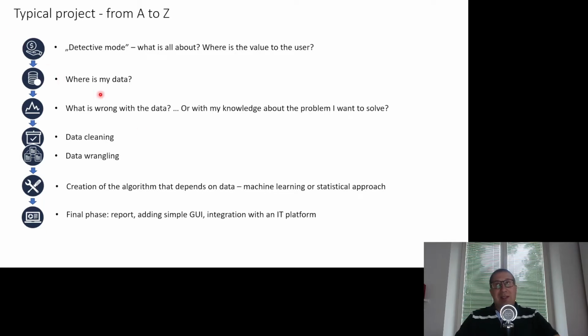Because if we skip some issues related to data quality in the first steps, then we will see that the accuracy of our model, maybe in some process states, is not enough, and we will have to get back to previous steps. And this is always related with some cost, with some time. So definitely it's better to do it as soon as possible. However, it's not always possible. I will discuss this later.